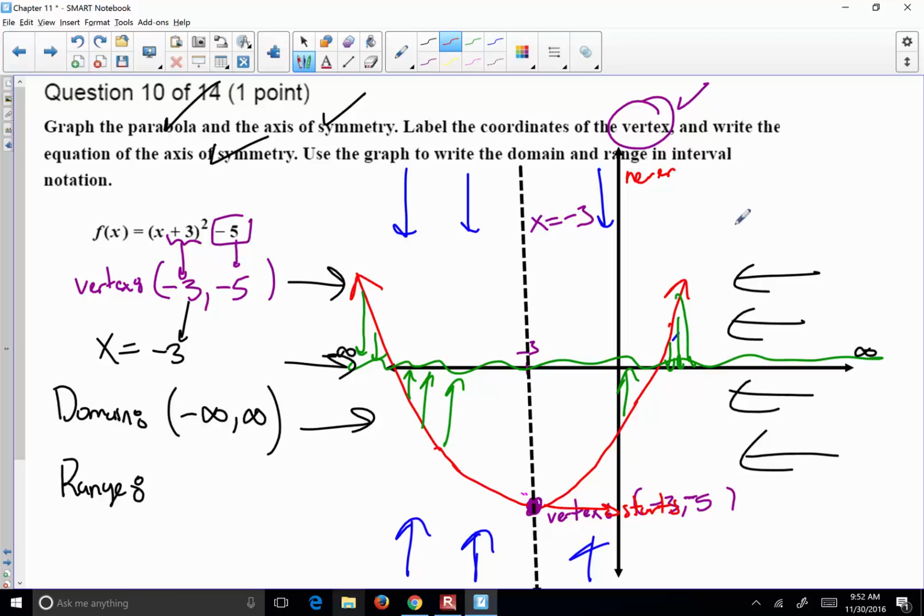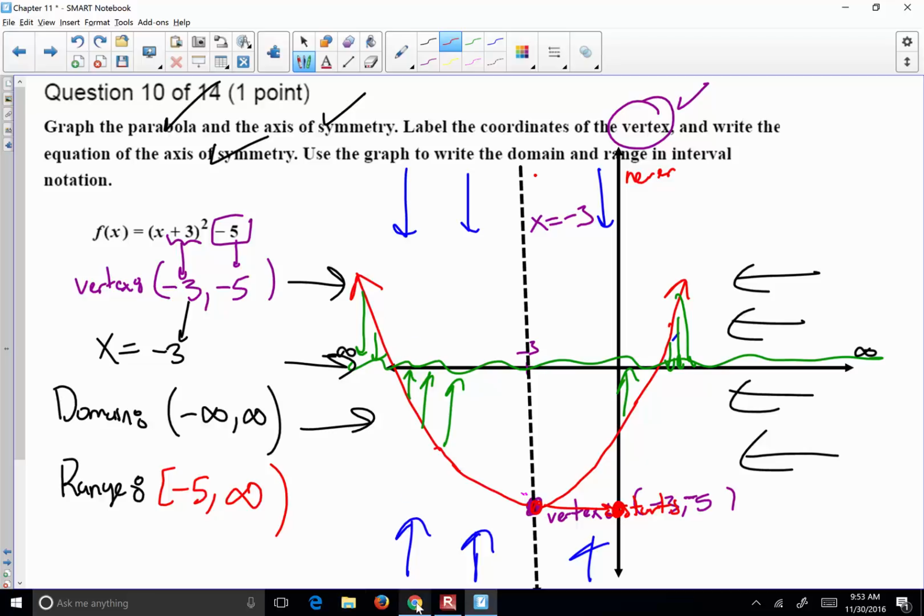Unlimited size cereal bowl, but it has a bottom. Since it has a bottom, you need to start with that bottom, which is -5, and it's included because you really can obtain that value. It's filled in, but it never stops going up, so the other end is infinity when you smash it to the y-axis.